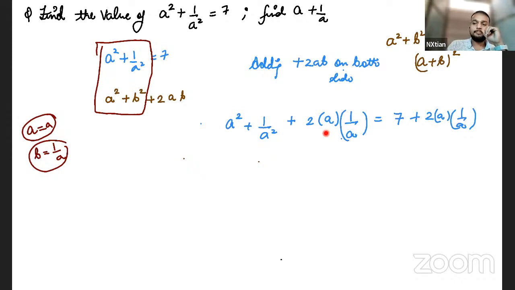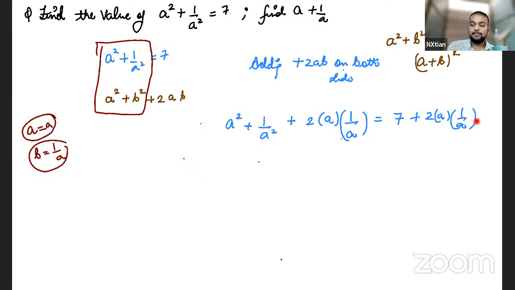You didn't understand this step, no? What I wrote: adding plus 2ab on both sides. Now a is equal to a and b is equal to what? 1 by a. So plus 2 into ab, where a is equal to a, b is equal to 1 by a. And here also plus 2ab. So this is my step. I can do this.